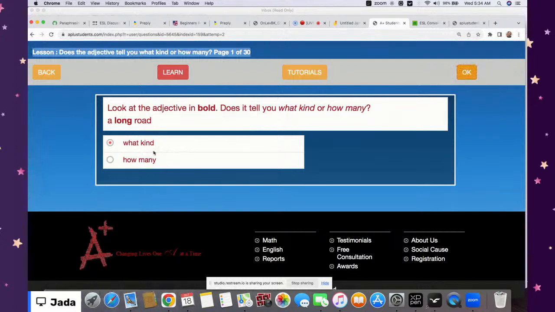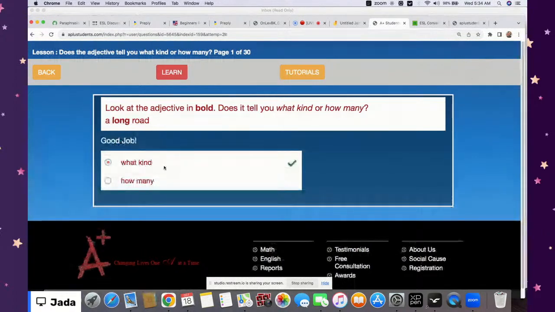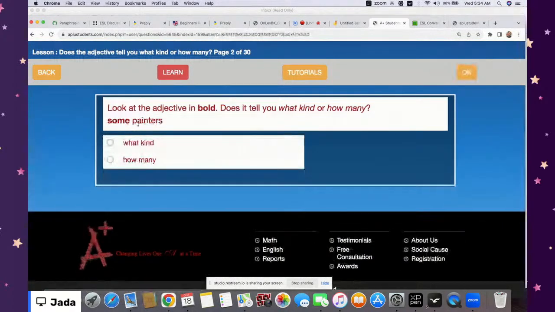Now we have the next one: some painters. So what kind of painters do we have, or is it how many painters do we have? Some painters. Is it what kind or how many?